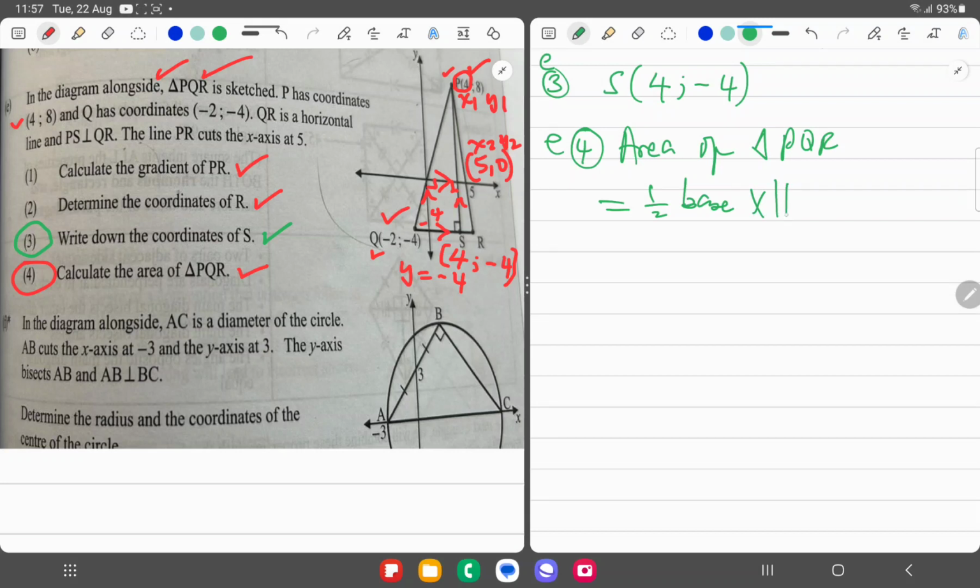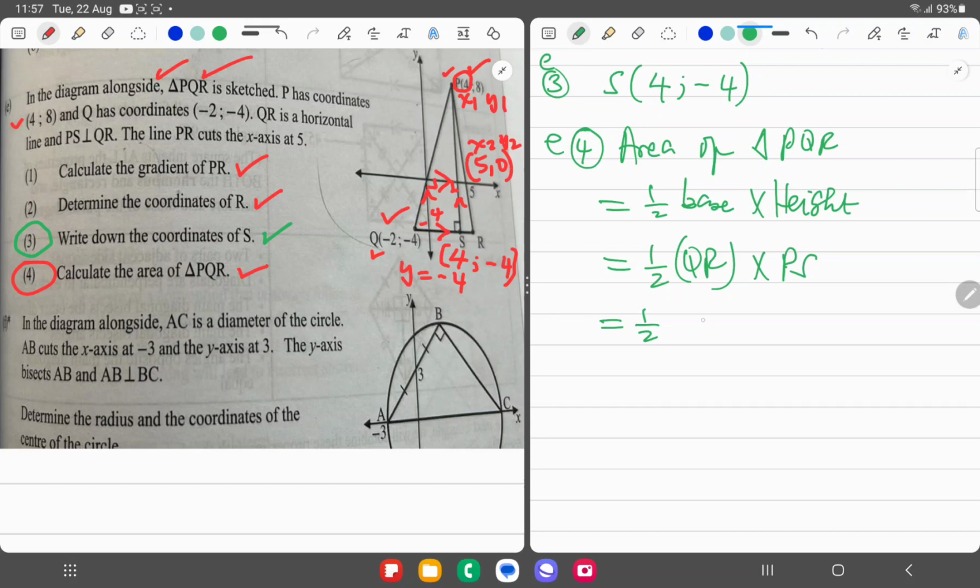Half base by height. What is the base? The base of the triangle is exactly QR. And the height of the triangle is the line perpendicular to the base, which is the line PS.